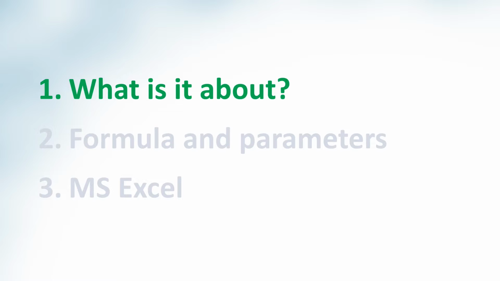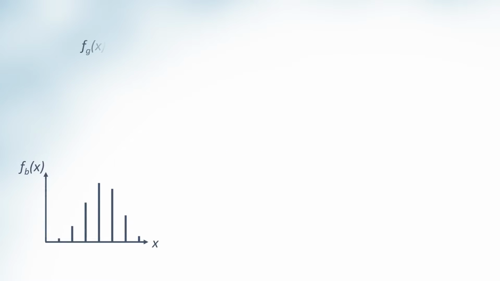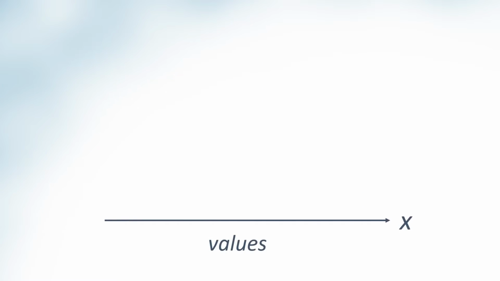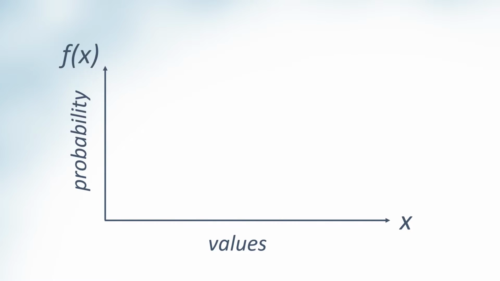By now, you are already familiar with various probability distributions, such as the binomial, the geometric, the exponential, or the normal distribution. All these distributions establish a connection between values and their associated probabilities of occurrence. The beta distribution serves the exact same purpose.